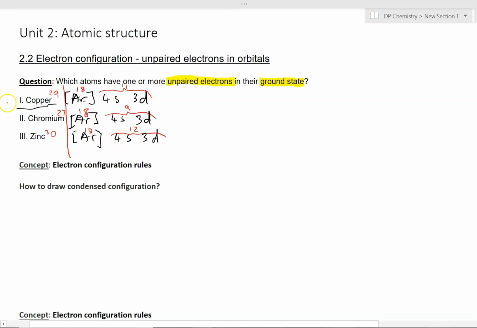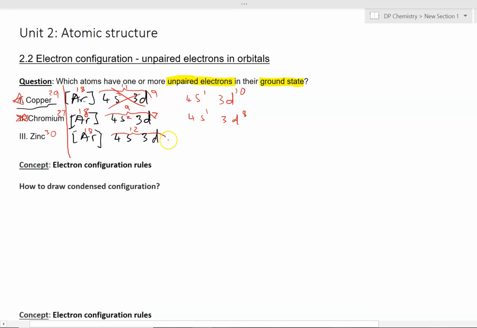Now the funny thing you have to pay attention to is that copper and chromium are 2 exceptions. So instead of 4s2 3d9, copper actually has 4s1 3d10. Chromium, another exception. So instead of 4s2 3d4, chromium being an exception will also have 4s1 3d5.